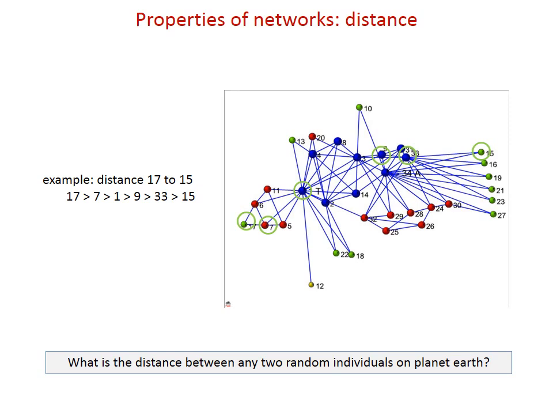The concept of distance has been used to ask some apparently silly questions, like what is the average distance between any two random individuals on planet Earth? This idea has given rise to a huge literature and also to films and other intellectual activities.